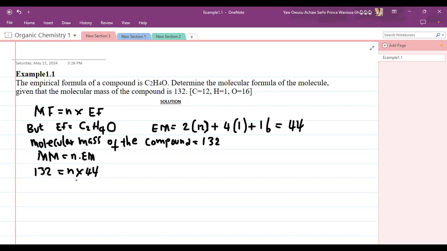So we divide both sides by 44. 44 cancels 44, and 44 goes into 132 three times. So our N is equal to 3.